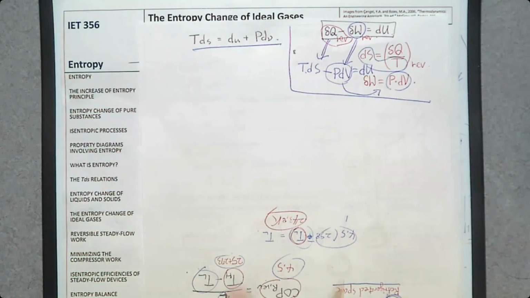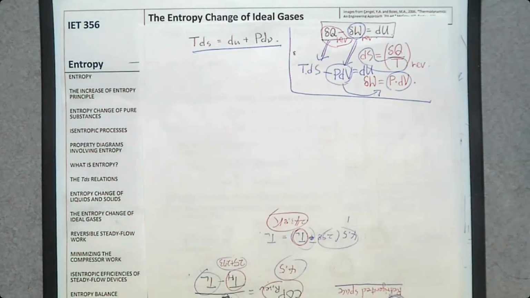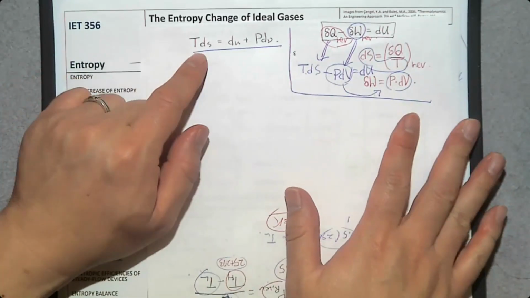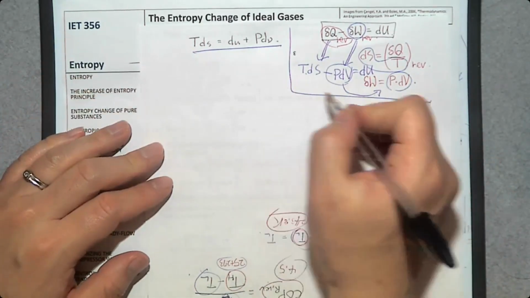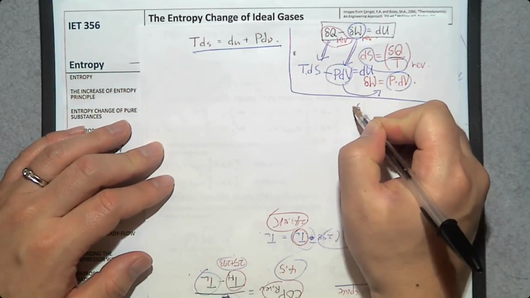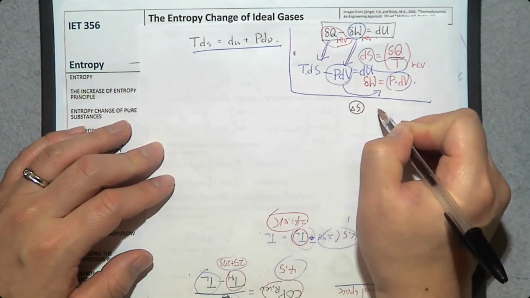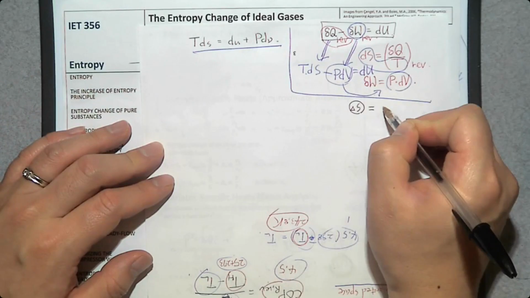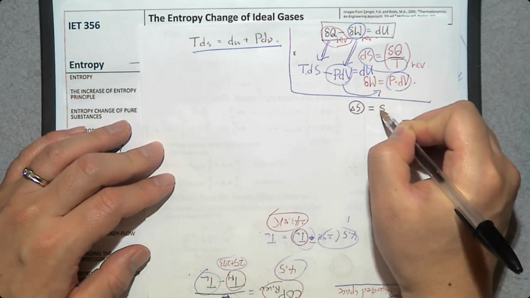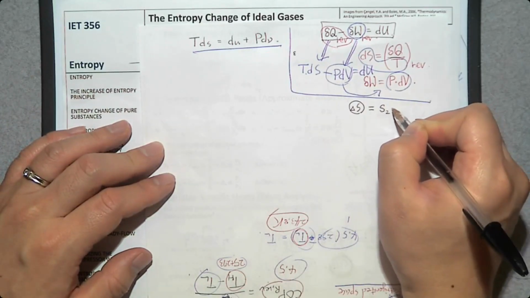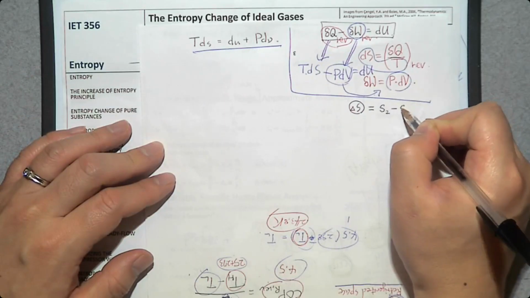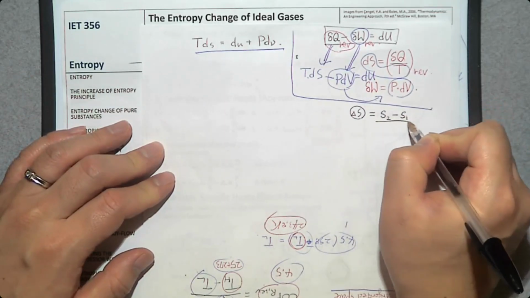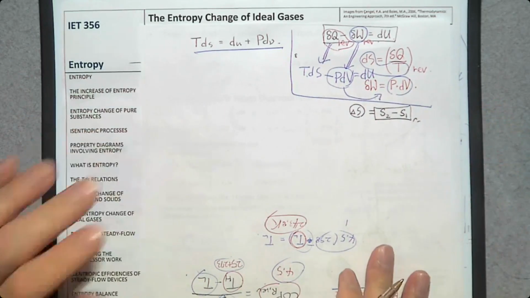Okay? Then let's look at this equation. Now, using this TdS relation, we want to determine how the entropy changes. How do you determine the entropy change? It's simple: the entropy at the final state S2 minus the entropy at the initial state S1. So we want to determine S2 minus S1.